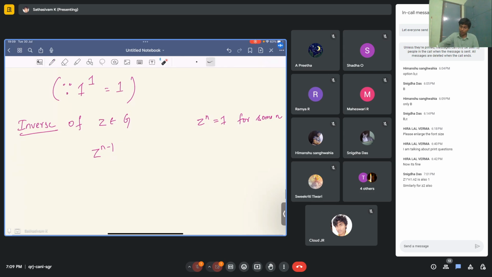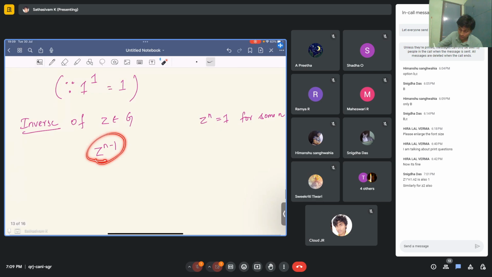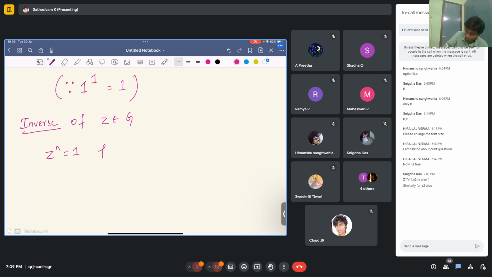That is true, but you have to be a little bit careful. Let's do it a little more properly. What we know is Z power n is equal to 1 for some n. That means the order of Z is finite, so the order of Z exists.